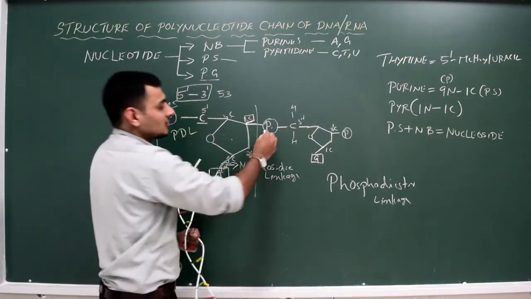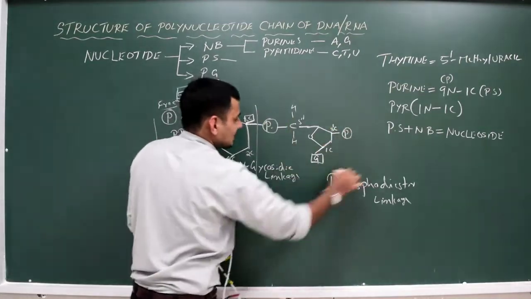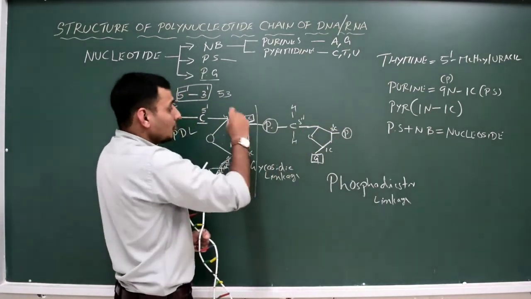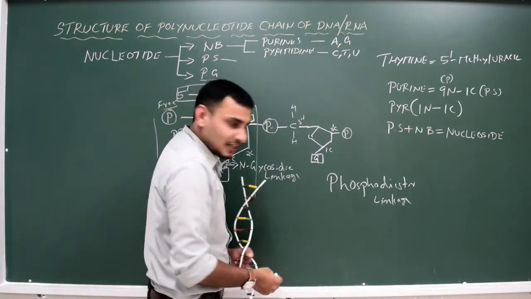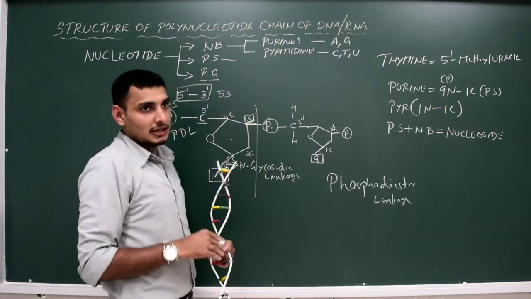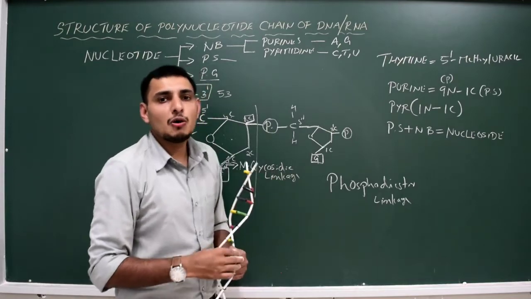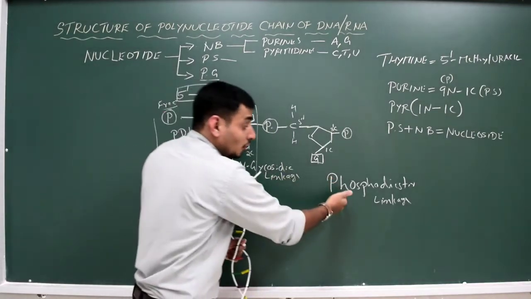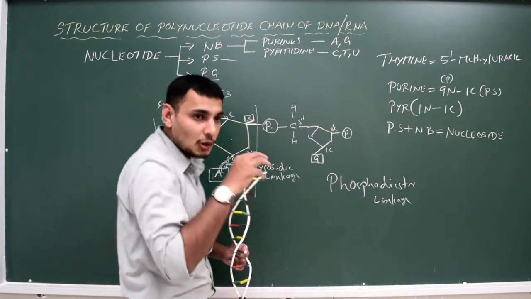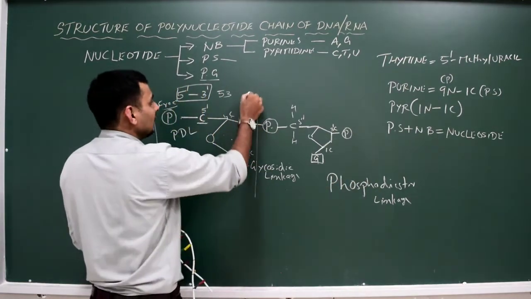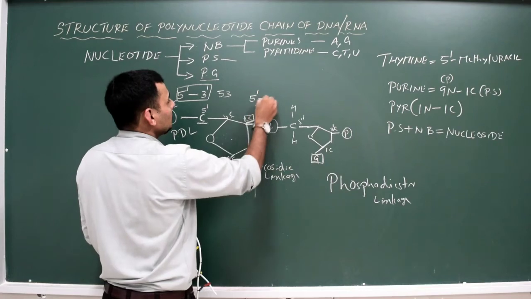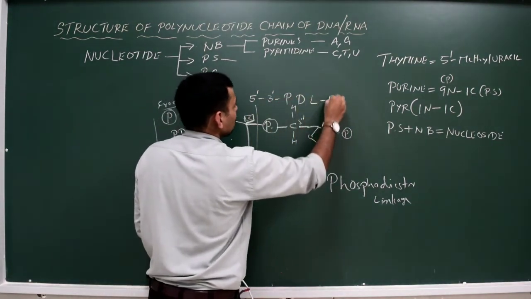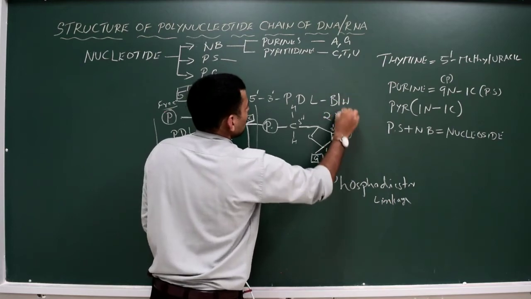Now, this is the second nucleotide, correct? Two nucleotides are attached by the same phosphodiester linkage. But whenever you get a question like, the two nucleotides are attached to one another by what type of linkage? Don't write only phosphodiester linkage, you have to write its direction too, that is 5' to 3' phosphodiester linkage between two nucleotides.